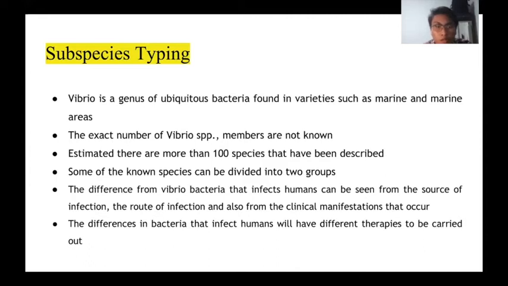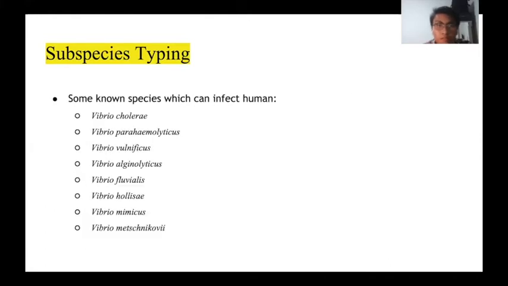It's because the difference in bacteria that infect humans will require different therapies. Some known species which can infect humans are Vibrio cholerae, Vibrio parahaemolyticus, Vibrio vulnificus, Vibrio alginolyticus, Vibrio fluvialis, Vibrio hollisae, Vibrio mimicus, and Vibrio metschnikovii.